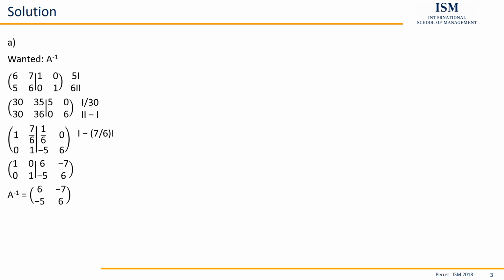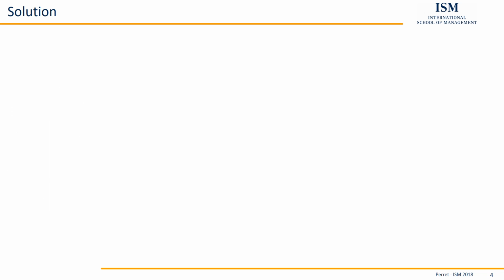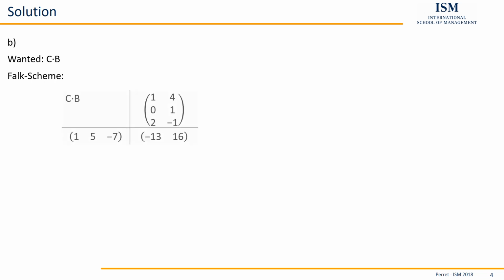So let's step to the second. With the second, we had two matrices, C and B. Here, if we use the fork scheme, meaning we put the left-hand matrix in the lower left, the right-hand matrix in the upper right, it looks as follows.